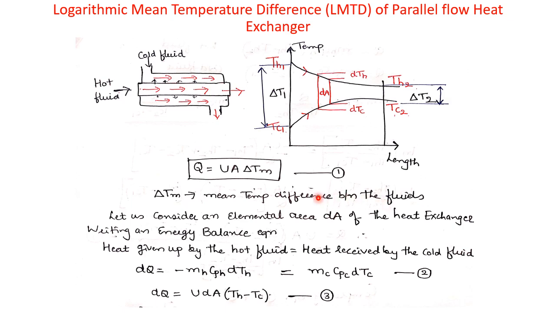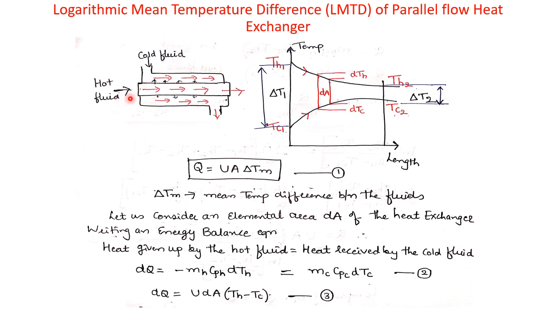Before deriving the equation, let us make some assumptions. The first one: this overall heat transfer coefficient is constant throughout the length of the heat exchanger. Second, the properties of the fluids, such as specific heat of both the fluids, are considered constant with temperature, and heat exchange takes place only between the two fluids, that is hot fluid and cold fluid.